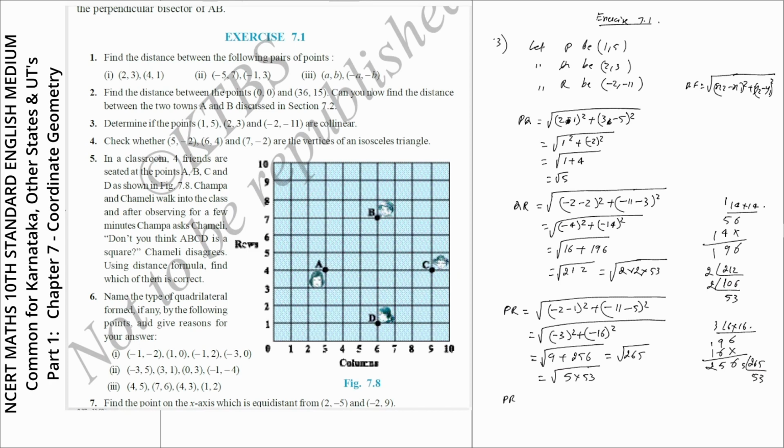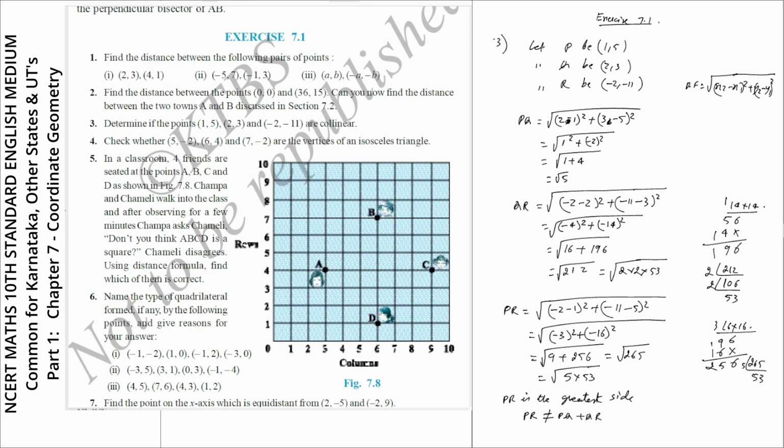If the points are collinear, then PQ plus QR should be equal to PR, but we can see that PR is not equal to PQ plus QR.